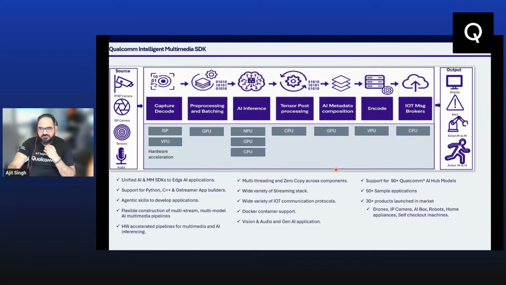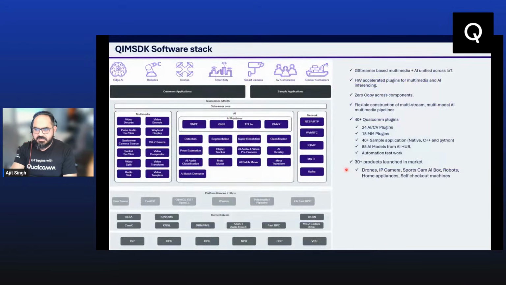Yeah, sure. So that's where the IMSDK comes into play. It provides all those fundamental building blocks and easy APIs for our developers and partners to build flexible AI and GenAI applications, right? At a fundamental level, IMSDK is based off GStreamer. GStreamer provides a lot of benefits, right?